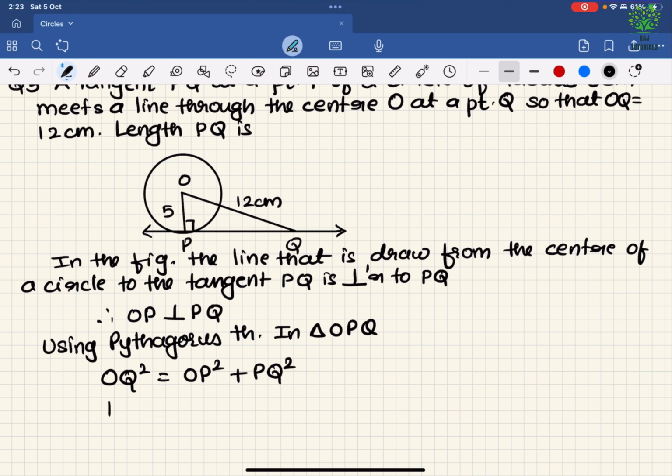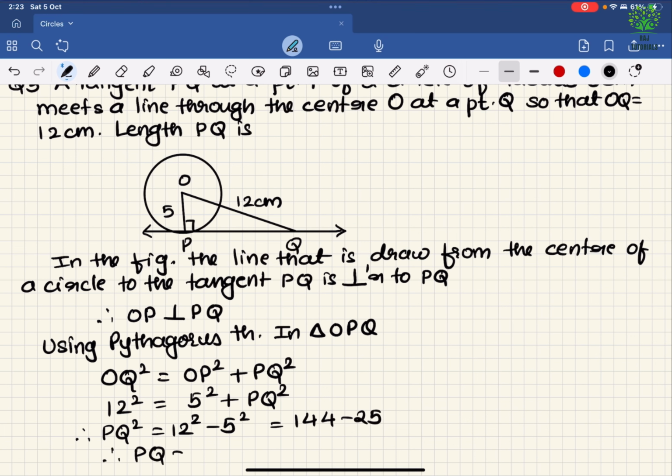So OQ is 12, so 12 square equals OP is 5, so 5 square plus PQ square. Therefore PQ square will be equal to 12 square minus 5 square, which will be equal to 144 minus 25. So therefore PQ equals root of 119 centimeter.